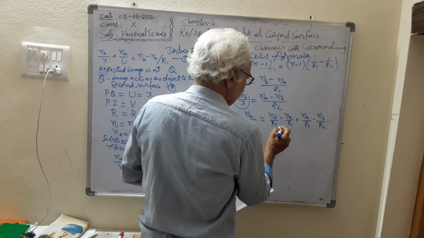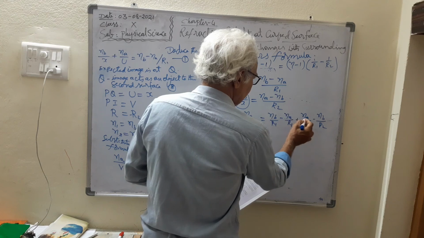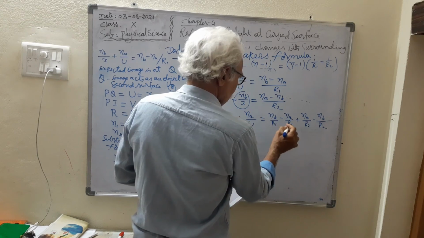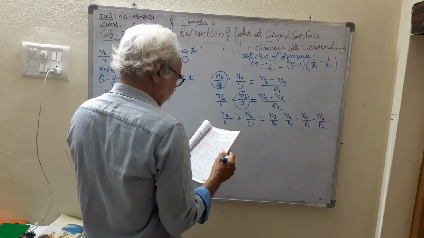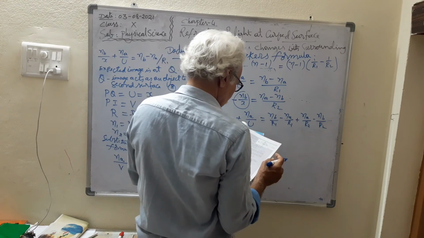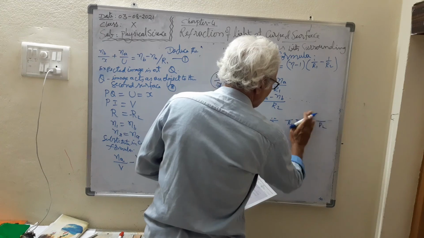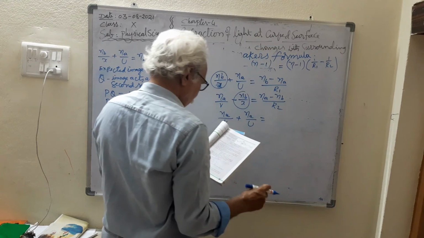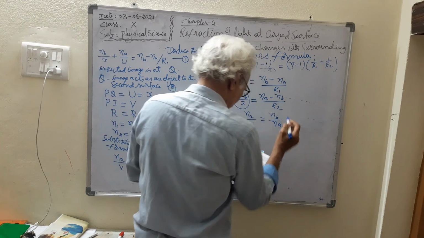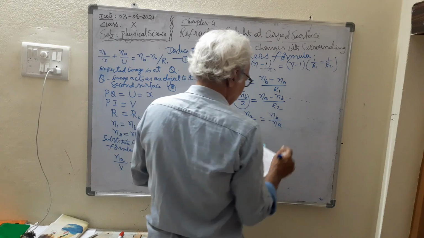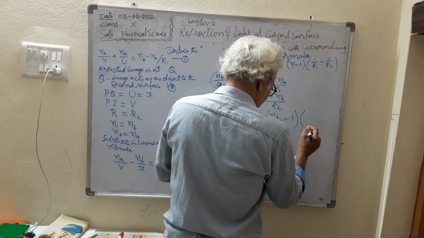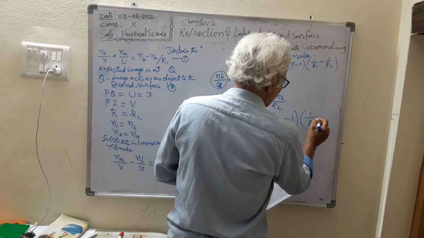In this case, minus NA plus NA is cancelled. So simplify these expansions. Now you find NB by NA minus 1 into 1 by R1 minus 1 by R2.